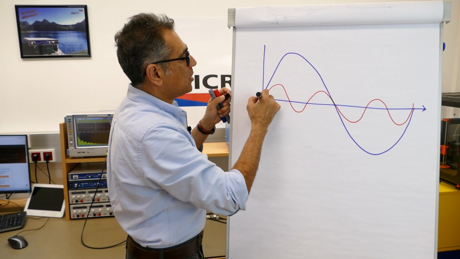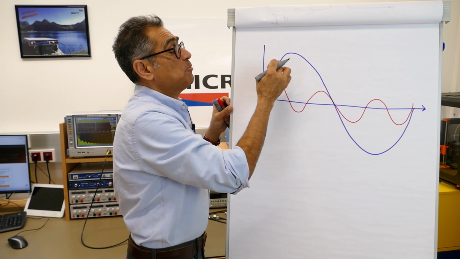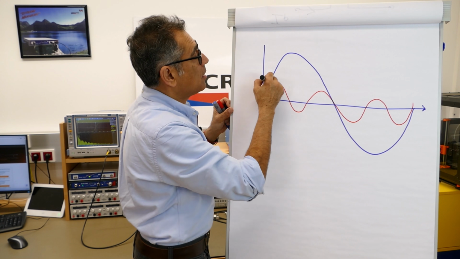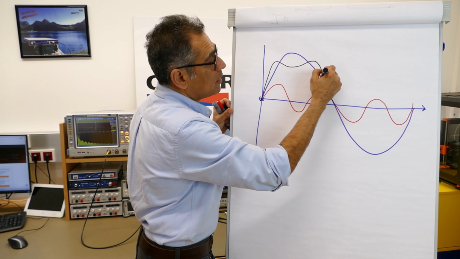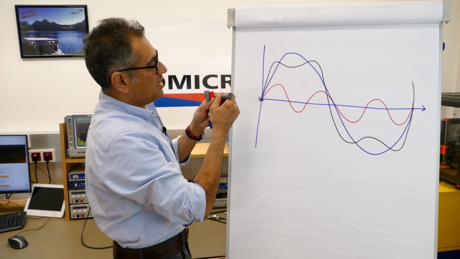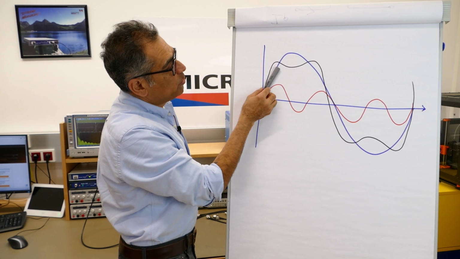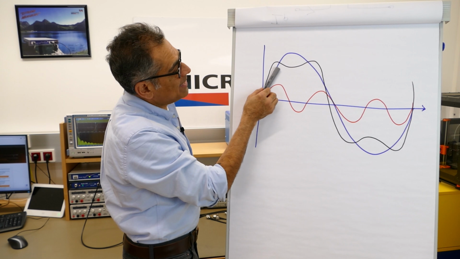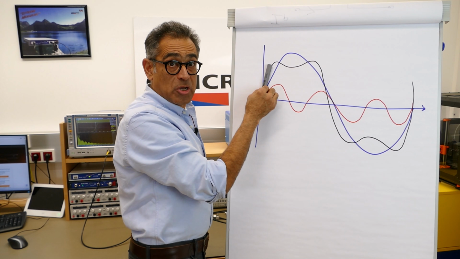So the resultant of a fundamental plus its third harmonic would be something like this. And you'll see, if you compare the gradient of the blue fundamental to the resultant, that this has raised a bit and it becomes sharper.